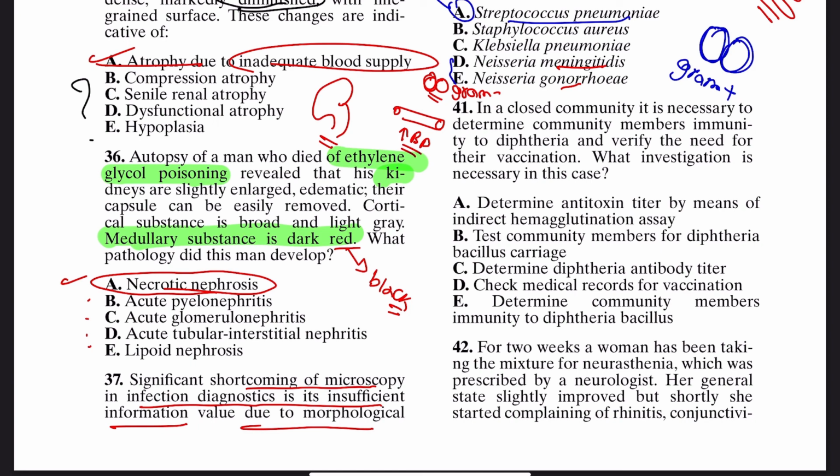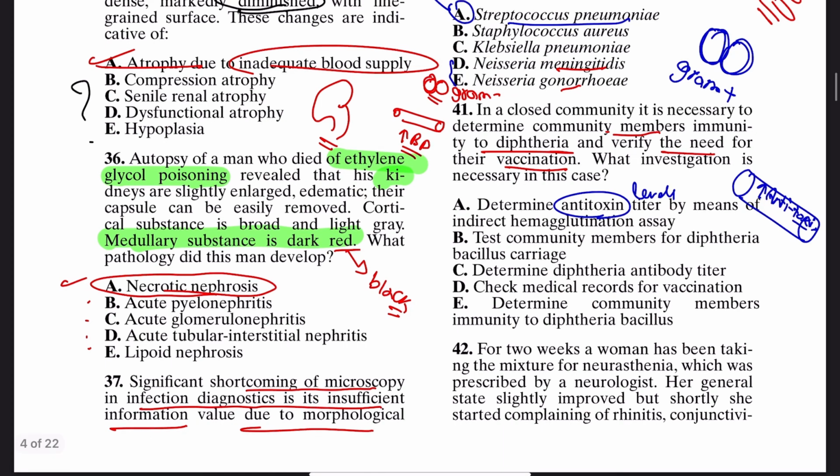Here we want to determine community members' immunity against diphtheria, and verify the need for their vaccination. So we need to check their immunity against diphtheria. What investigation is necessary? We look in their blood for antitoxin levels. Okay, so if we see in their blood they have a lot of antitoxin, it means that they already have the defense ready against diphtheria in case it invades the body.